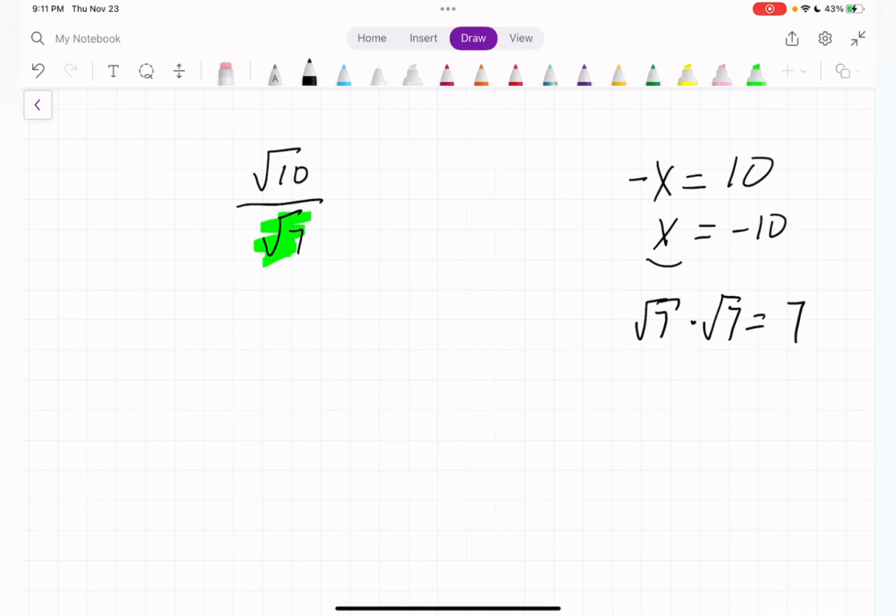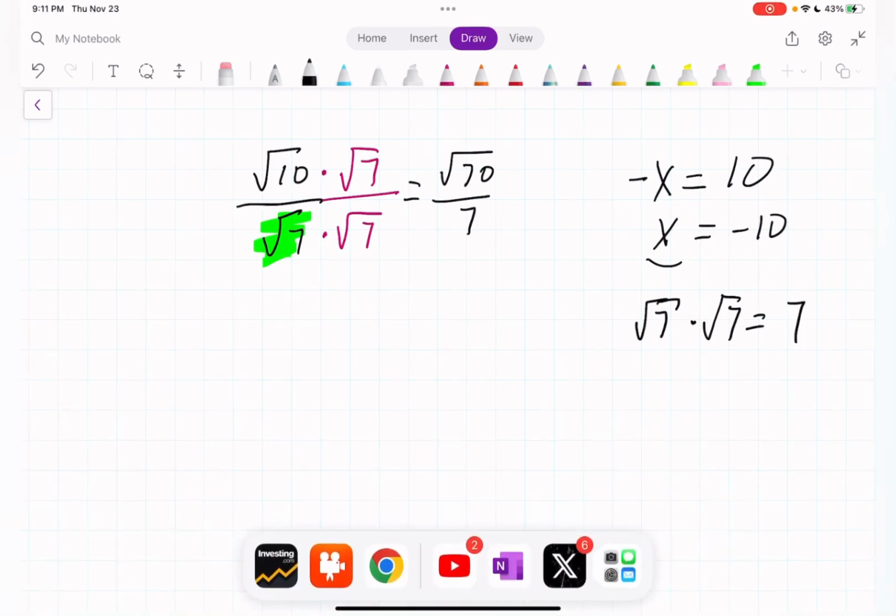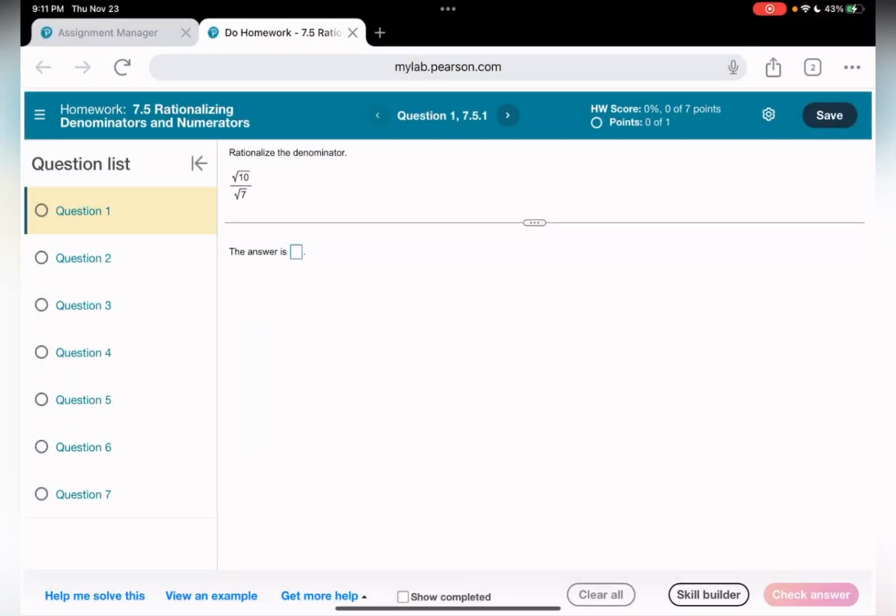I'm going to use the same method here, with the difference that since it's a fraction, whatever change I do to the denominator, I will do the same change to the numerator. And as a result, on the top I will get square root 70. At the bottom, I will get a clean 7.